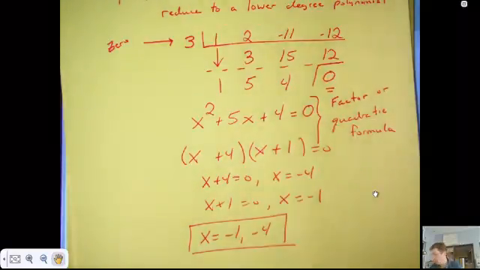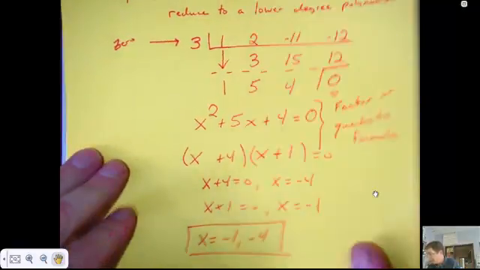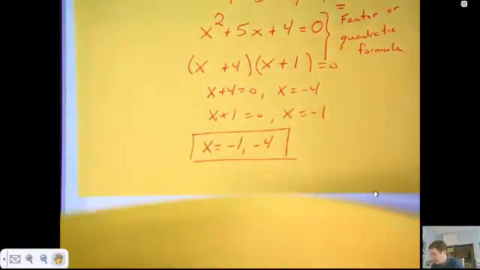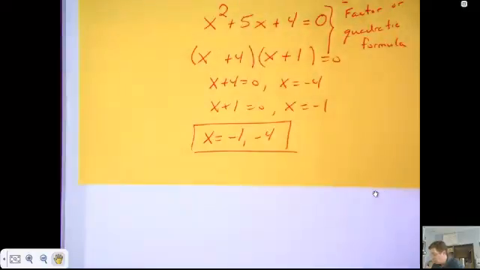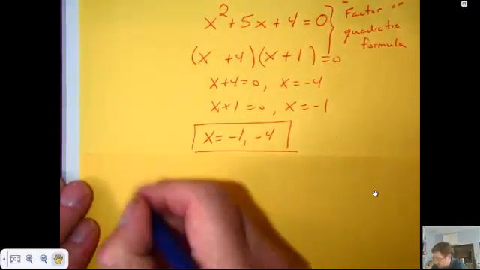Okay, so that's one example. Example 2. Very similar type question, although I want to do it because the end is a little different, a little different twist on the end.